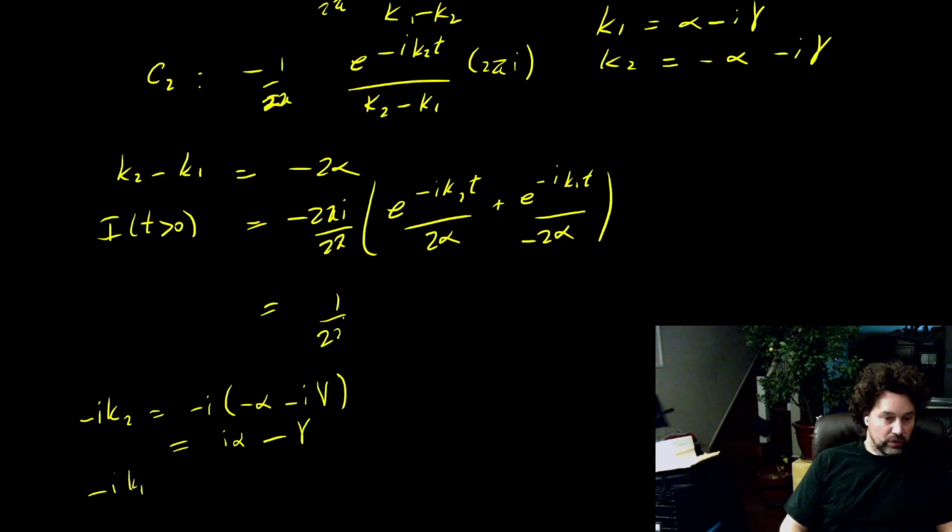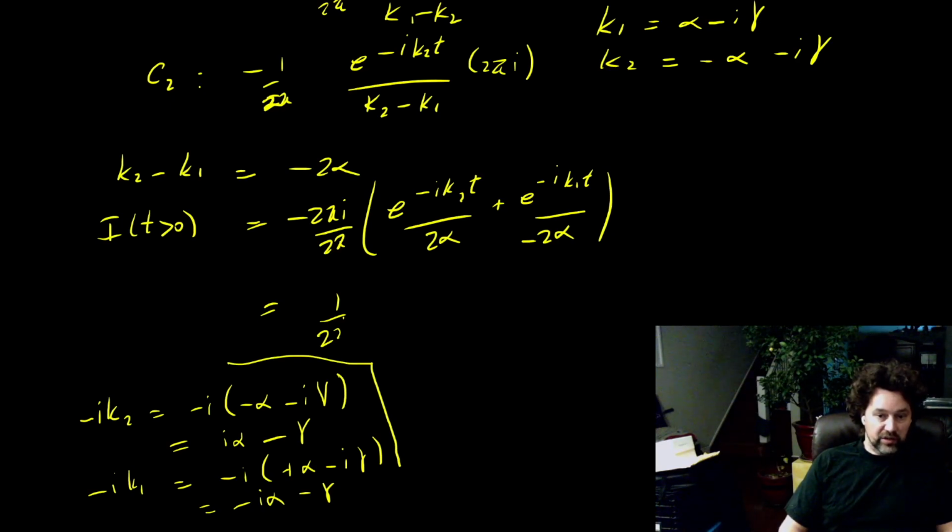Minus i k1 is minus i times plus alpha minus i gamma, which is minus i alpha minus gamma. Good. All right. So that's our side calculation.